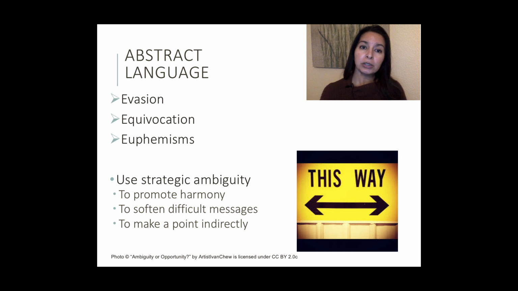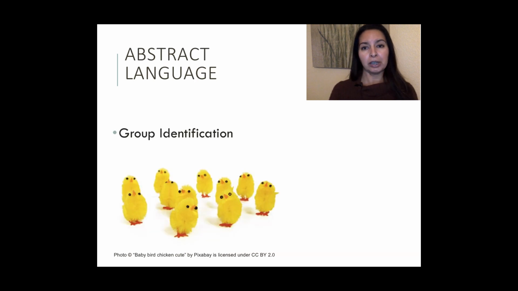Abstract language can also offer information about affiliations and memberships. So think of things like slang. This is non-standard language used by a particular group of people during a specific time and place. It is a high-level abstraction in that it can identify people by group.